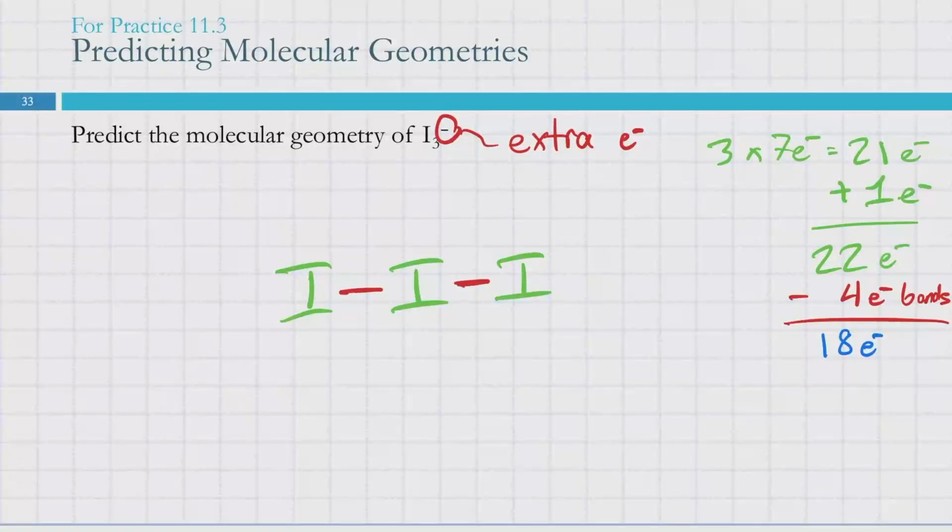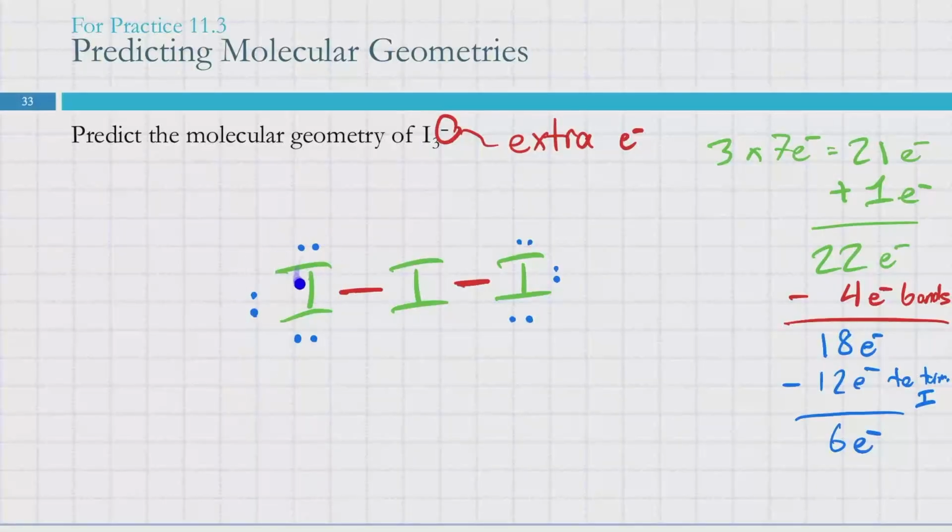We can place those electrons on our outermost iodines. We can put 6 on each of these. So that would be 12 electrons to our terminal iodines, which means we have 6 electrons left. And we run into a potential issue, right?